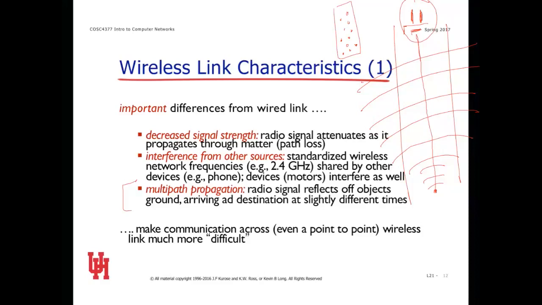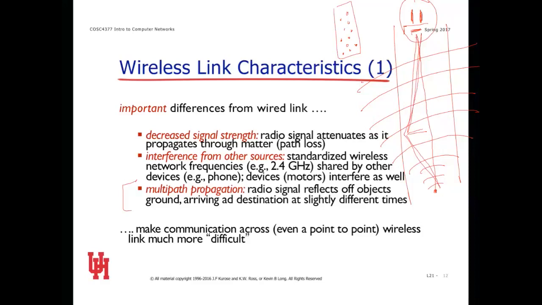Here's the problem. There's also a vector that's going in this direction, right? And it bounces off the mirrored glass on the side of this building. And a copy of that same signal shows up also at the tower. And it's exactly the same signal. It's a tiny bit weaker because it had to go this extra distance, right?